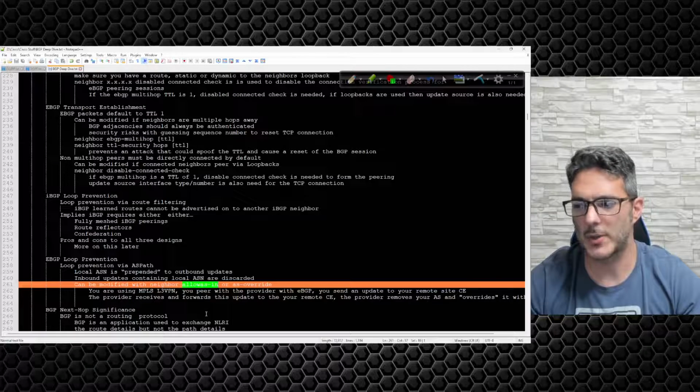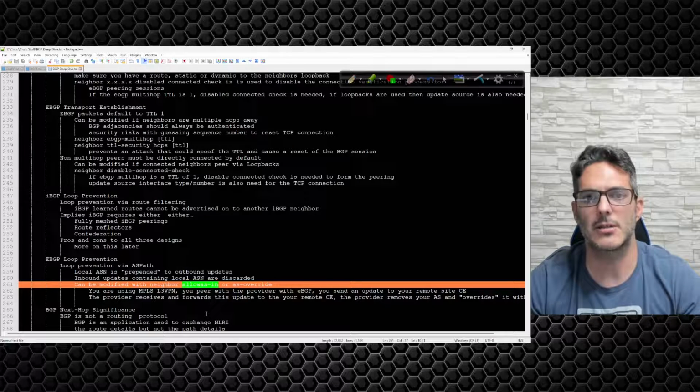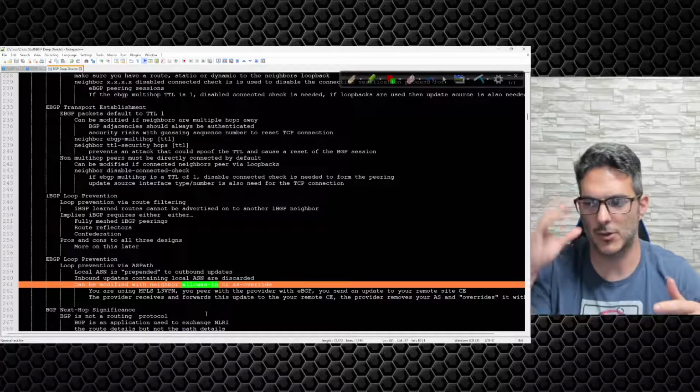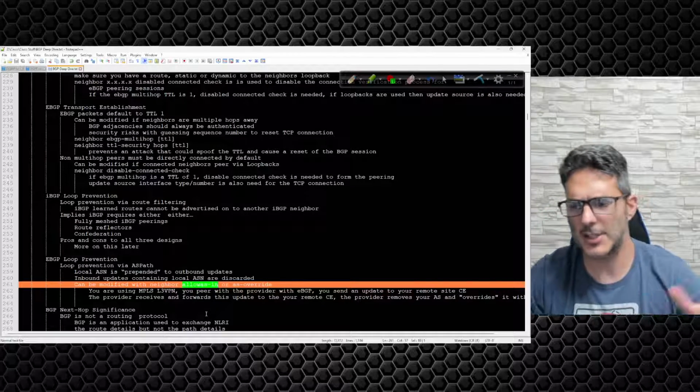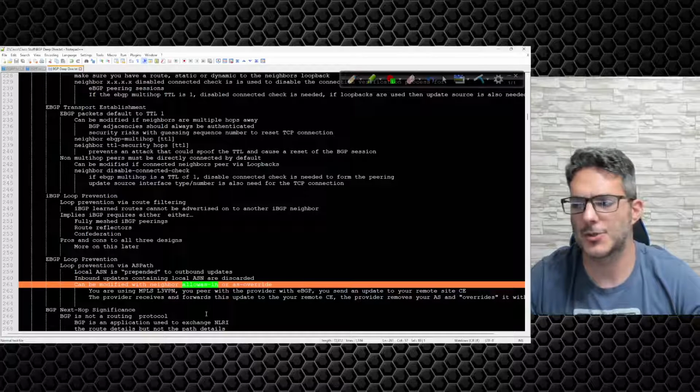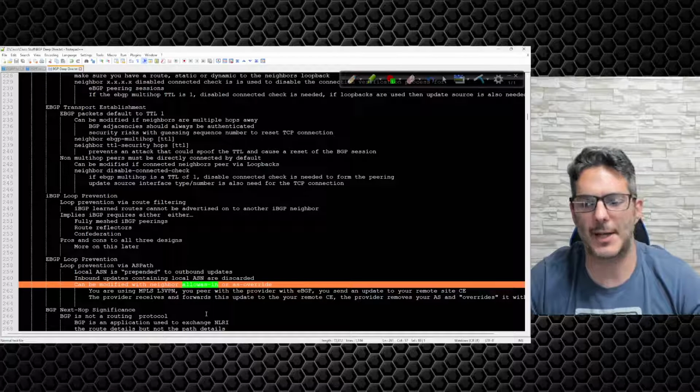So we simply used allow ASN. We overrode the AS path loop prevention mechanism and received the routes in anyway. Eventually the routes were propagated the way they needed to be, and everybody was happy.